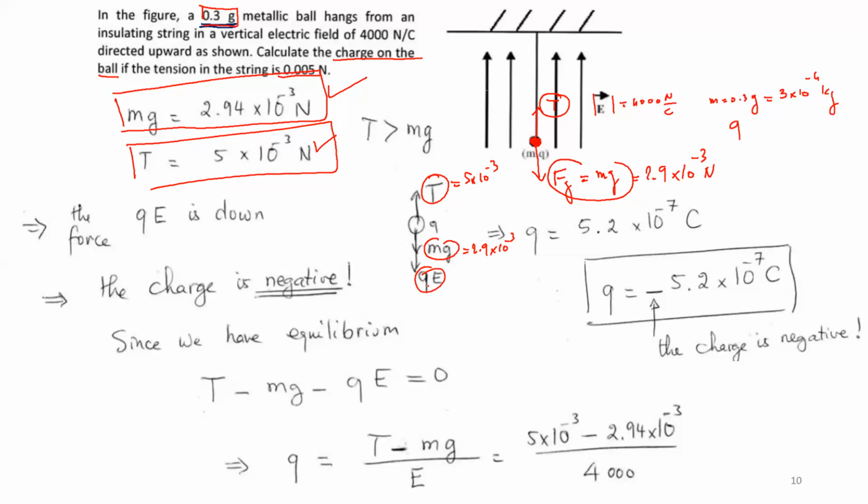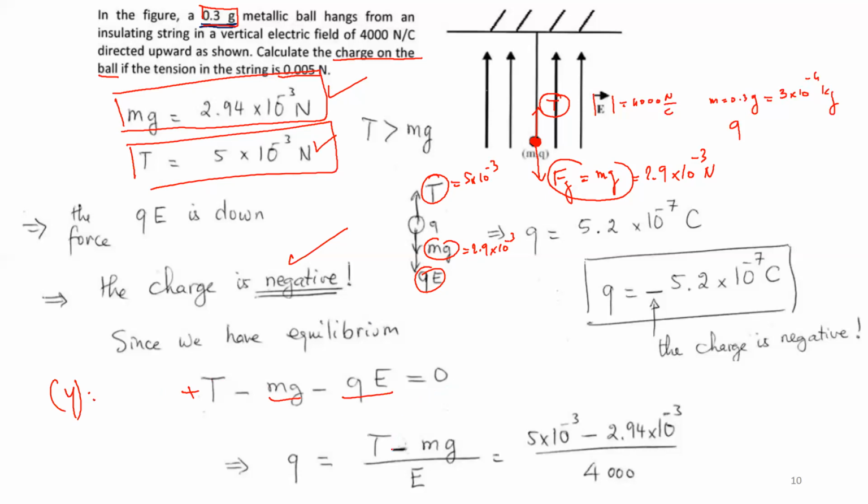That means that my charge should be negative because E is up. Q should be negative. That's number one. But also my electrostatic force is down, but still I have an equilibrium. So along the y-axis, if I project, I'll have plus T minus mg minus QE is equal to 0.